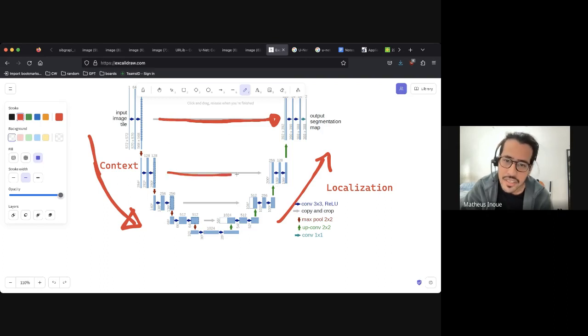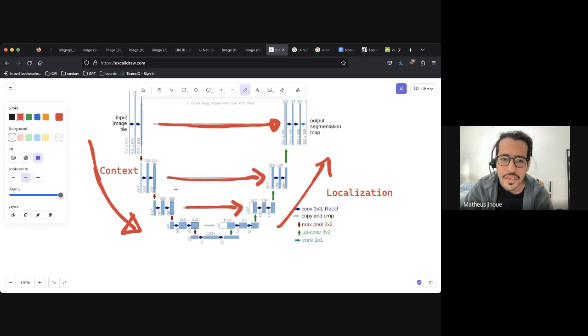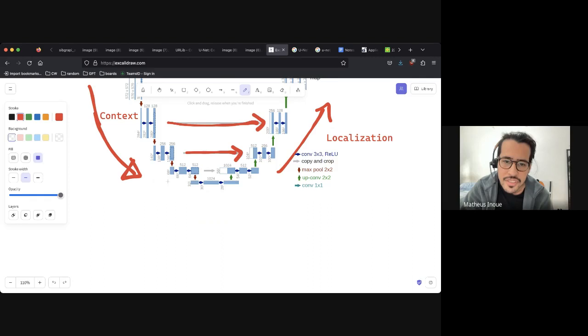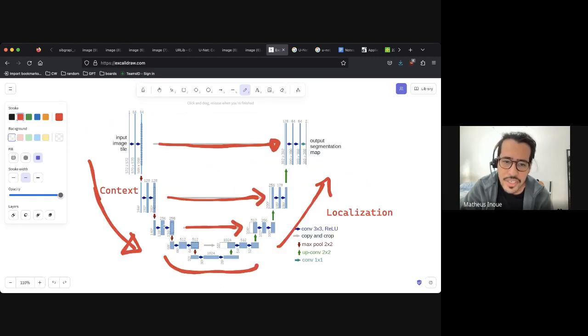And here, I think it's also important because it shows how you have some context-rich information here at the end of these smaller layers, but also you are able to concat.